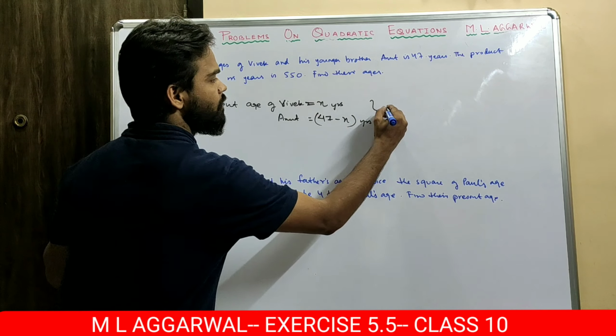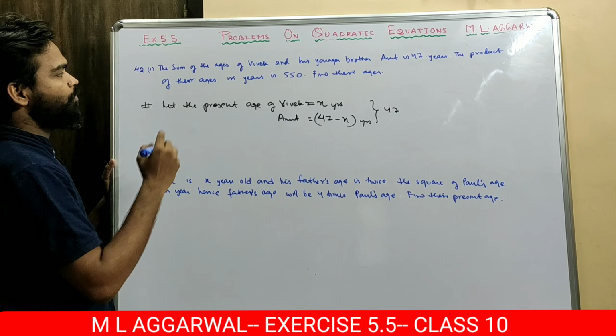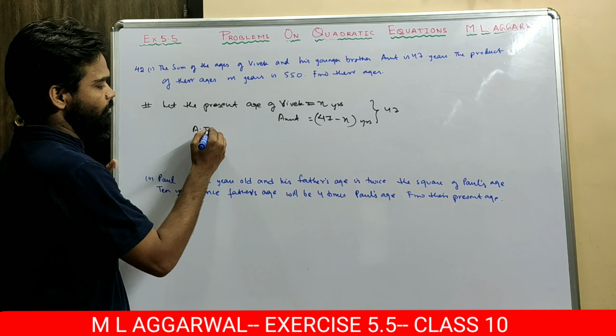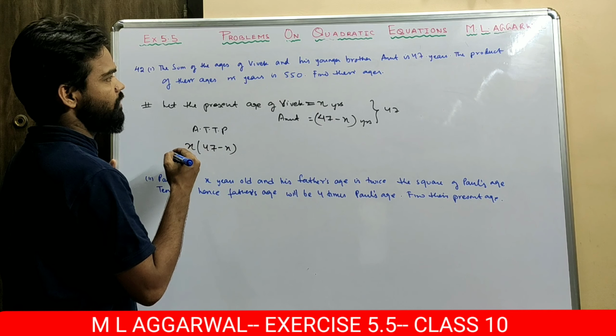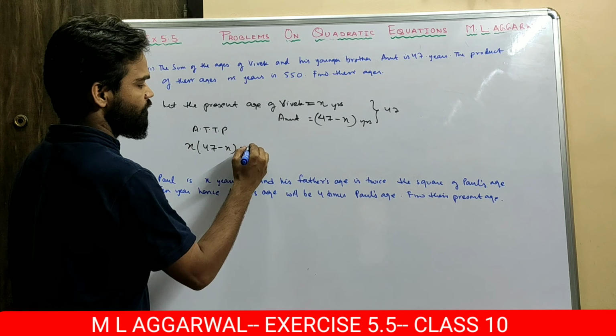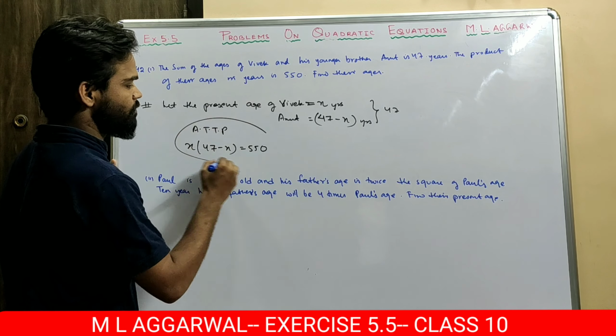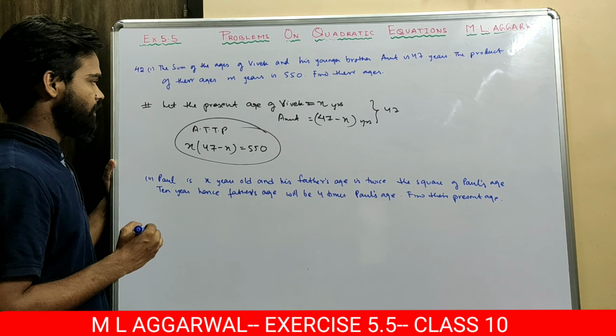When you add this, you get 47 only. And the product of the ages, according to the problem, the product of the ages in years is 550. So that's my equation. Done.